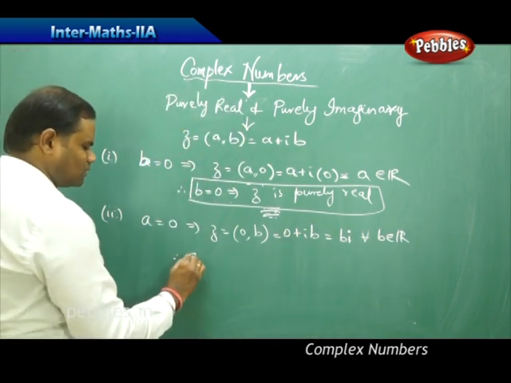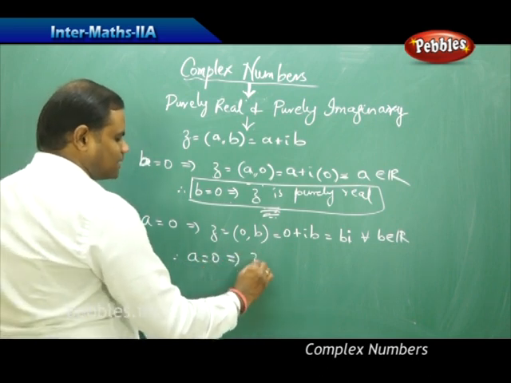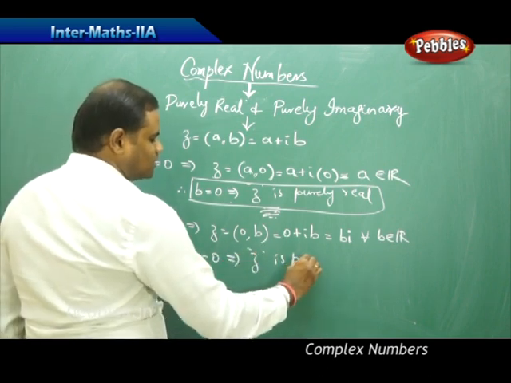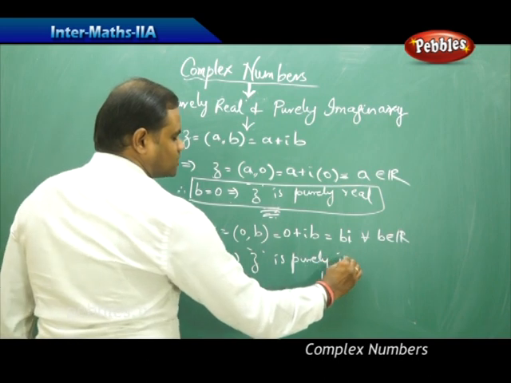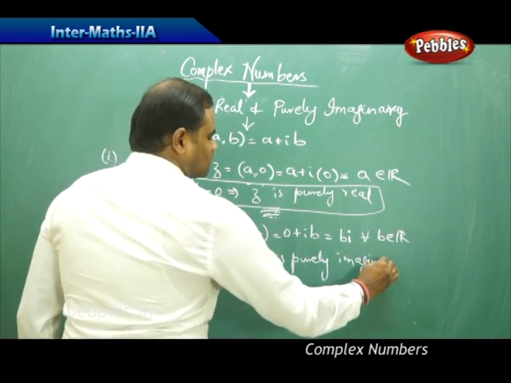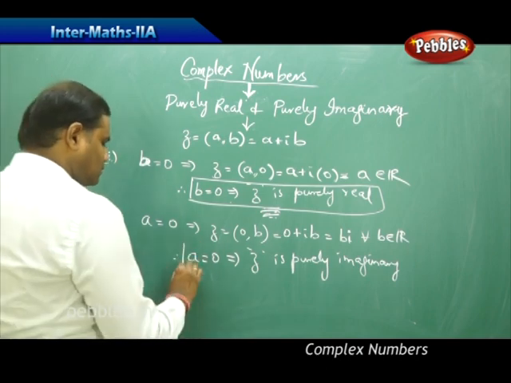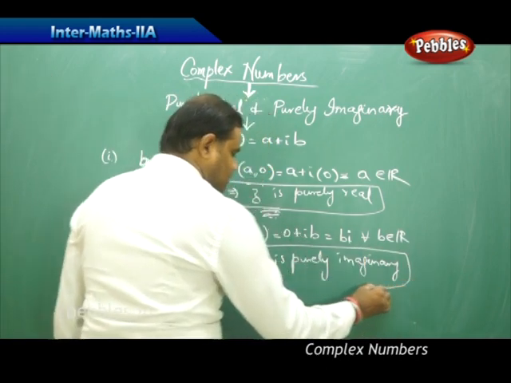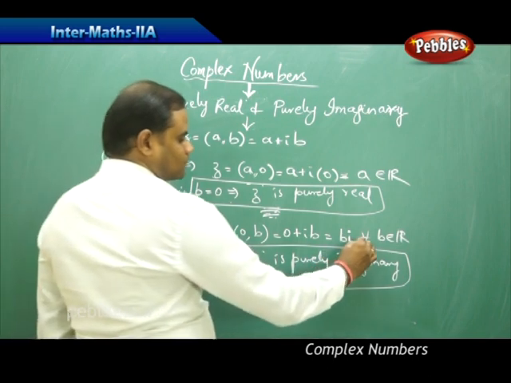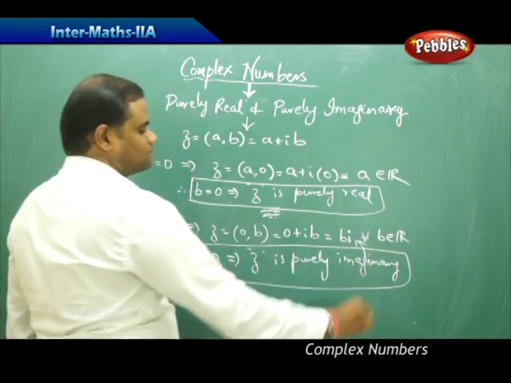Therefore, a equal to 0 implies z is said to be purely imaginary. That means there is only a term multiplied with i, and no constant term.